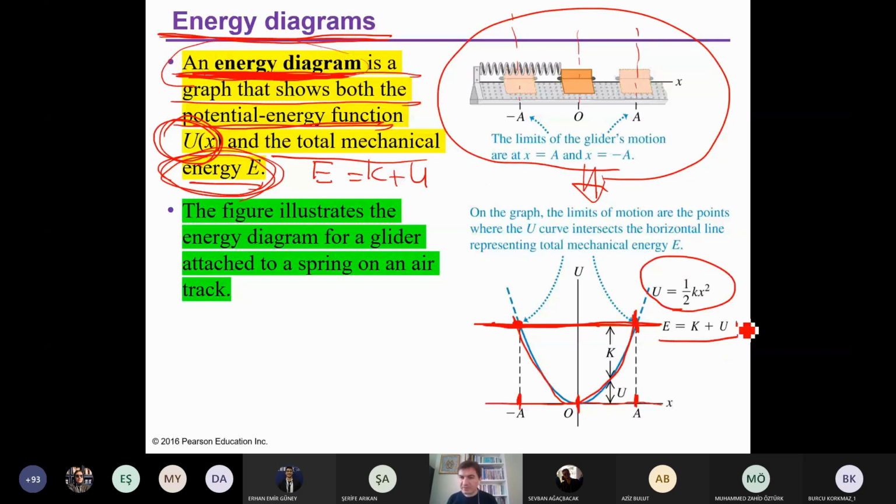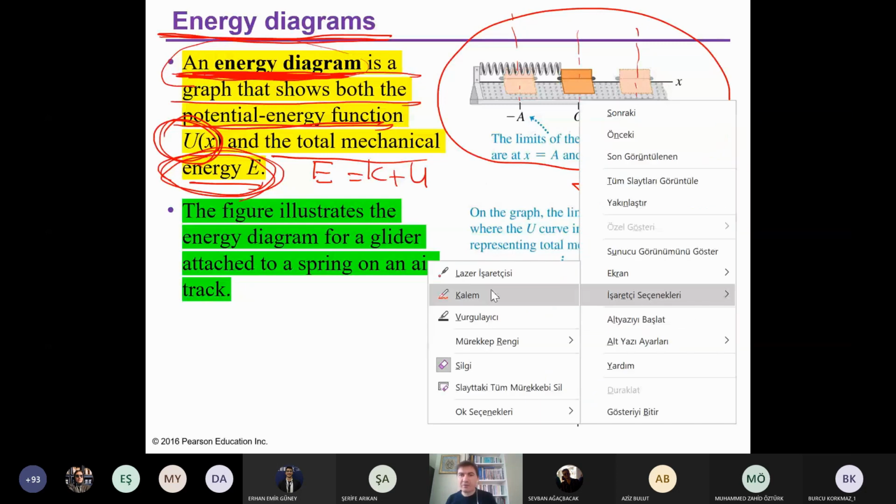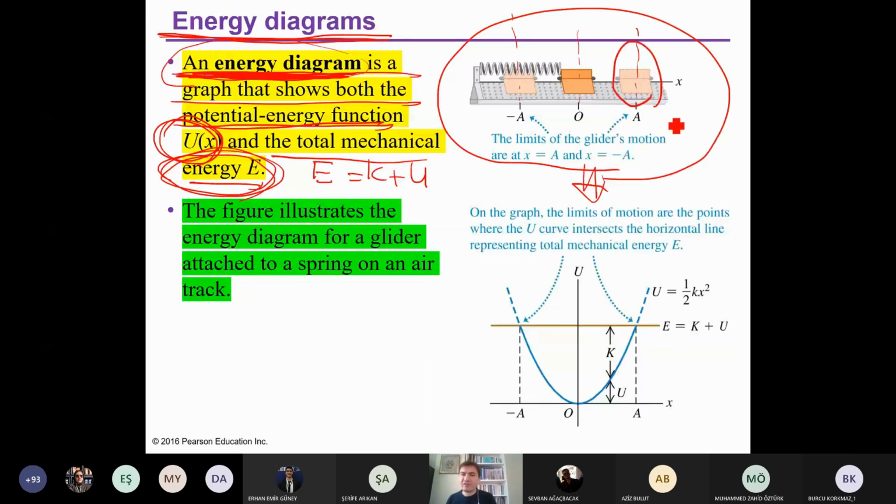So what about the relation between kinetic energy and potential energy? Let me start from this condition. First of all, I have stretched the spring and I store the potential energy. I have maximum potential energy here, but it is at rest and kinetic energy is 0. Okay, I'm talking about this condition.